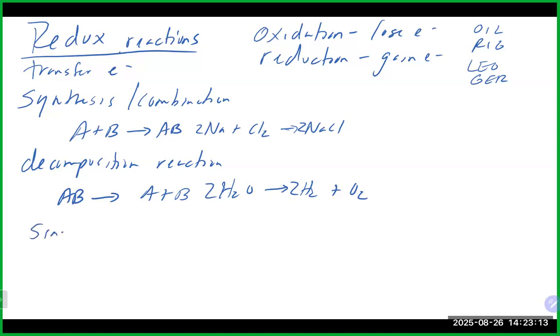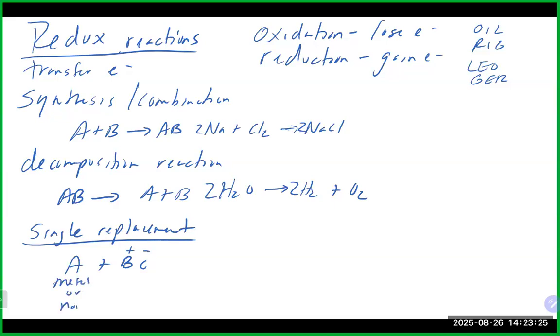Also, single replacement reactions. Single replacement reactions have A plus BC. This could be a metal or a non-metal. And if it happens to be a metal, for example, the metal will replace the positive guy and make a new ionic compound and kick out that positive guy, which will not have a charge in this case.